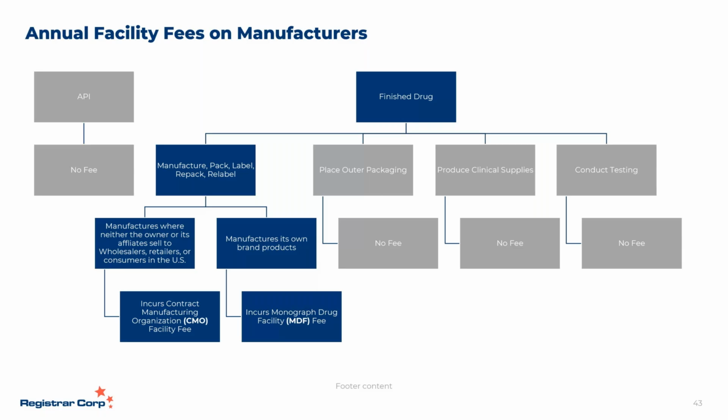They're going to incur the contract manufacturing CMO fee that is 2/3 of the monograph drug facility fee. In other words, the contract manufacturers pay 1/3 less than those that own the product, the monograph drug facility fee.